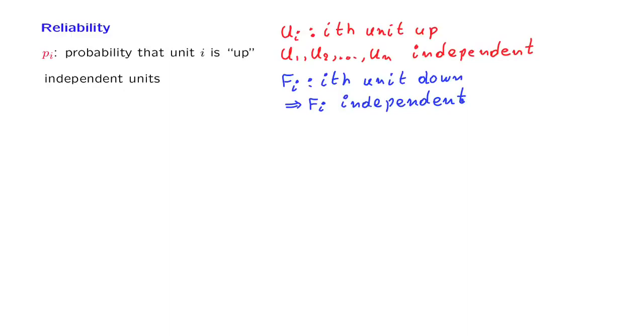If we were dealing with just two units, then this is a fact that we have already proved a little earlier. We did prove that if two events are independent, then their complements are also independent. Now that we're dealing with multiple events here, a general number n, how do we argue?